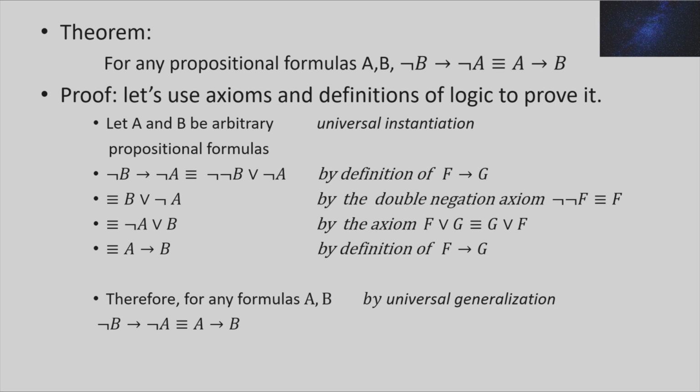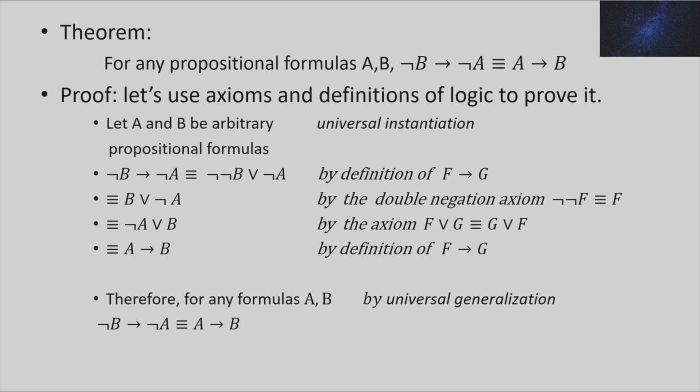We'll say let A and B be arbitrary propositional formulas. So A can be true, A can be false, B can be true, B can be false, arbitrary. So for those A and B, whatever they are, by definition of implication, not B implies not A is the same as not not B or not A.